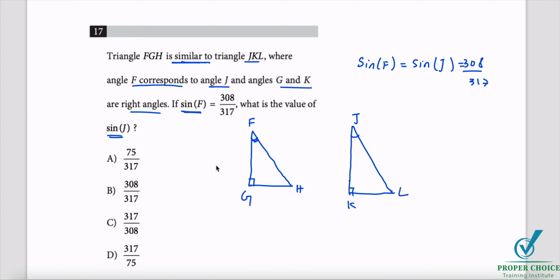It should have the same value. I'm not asked to find the angle, so don't get confused. I can't take sine inverse. Some students may wonder why we are not taking sine inverse, because they asked us to get sine F. So that is the same as option B, 308 by 317.